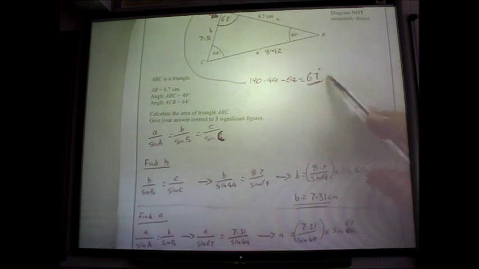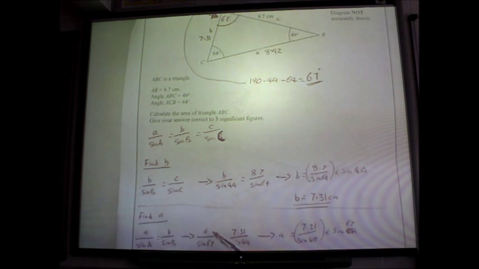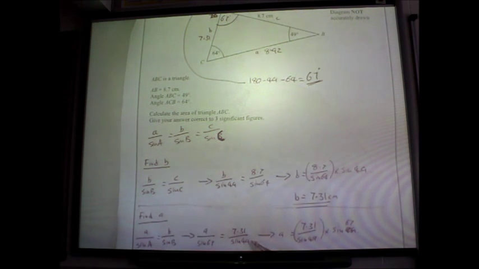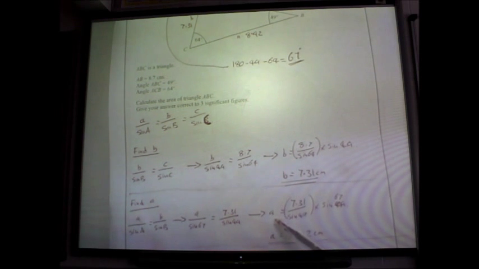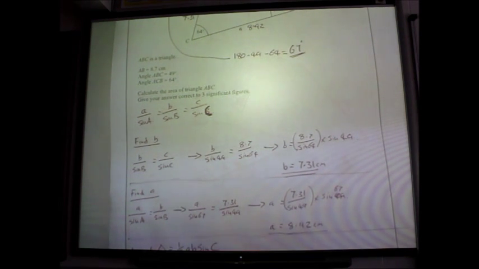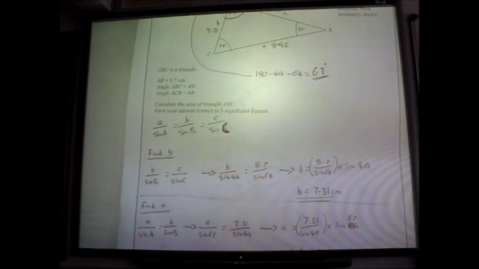So that is angle A. So we're trying to find A over sine 67 equals, we now know that 7.31 over sine 49, which is sine B. Do a little bit of rearranging here again, and we come out with A is 8.92 centimetres, so I write that one on there.